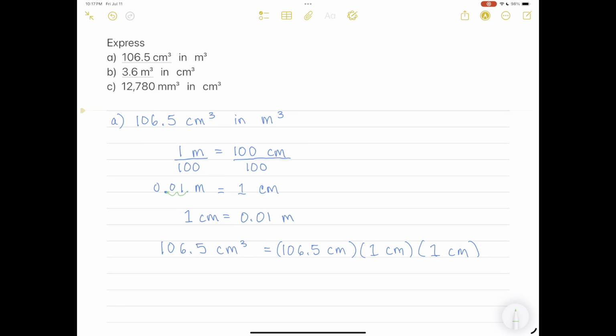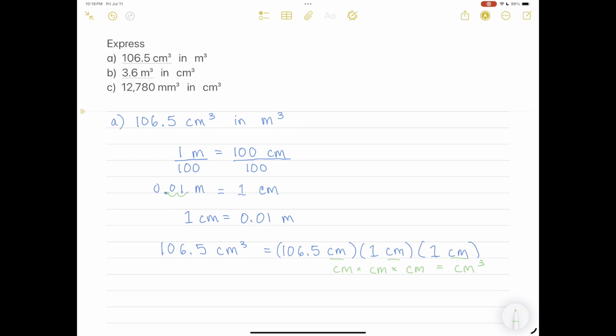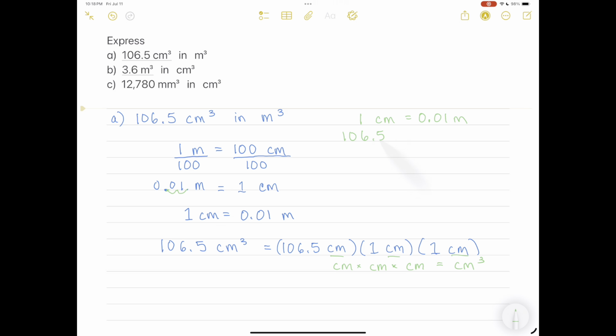And we can verify by multiplying the units centimeter times centimeter times centimeter, which equals cubic centimeters. And on the side, I work out that 1 centimeter equals 0.01 meters. So therefore, 106.5 centimeters equals 106.5 times 0.01 meters.